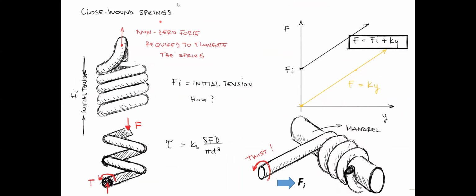So for this extension spring, this is a close-wound spring, which means the pitch approaches 0. Let's think of this extension spring, which is different from the compression spring, because each coil is in contact tightly.